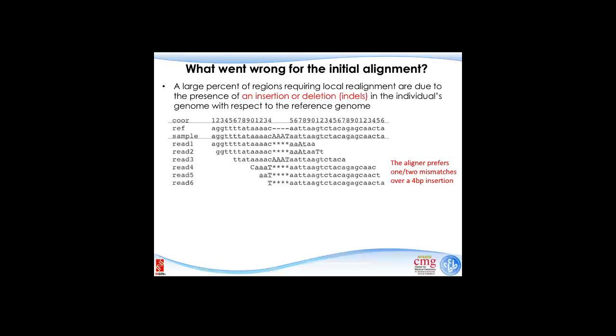Keep in mind that what is visible to you is the reference genome and all the reads. The sample row, the second row, is not visible to you. That is exactly what you want to identify. So you only have the reference genome and all these sequencing reads, and by the end of the day you want to infer the sample genome of this particular donor.